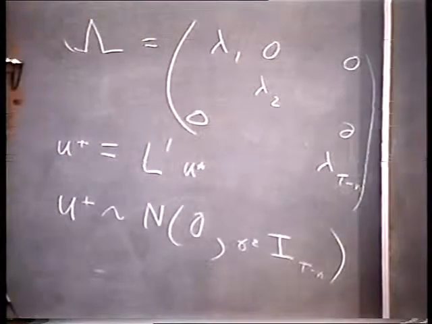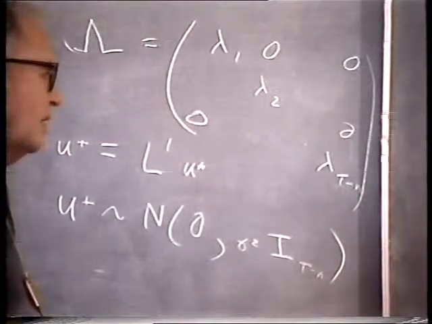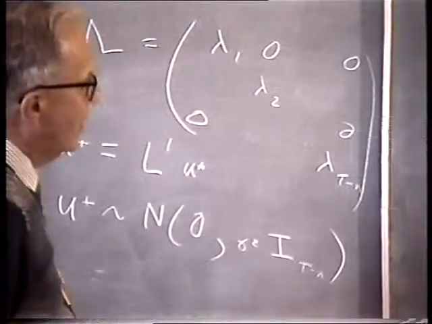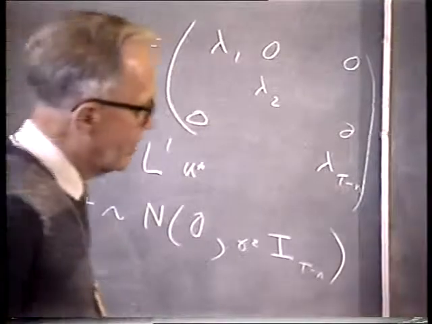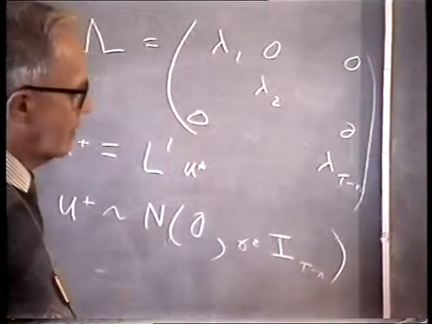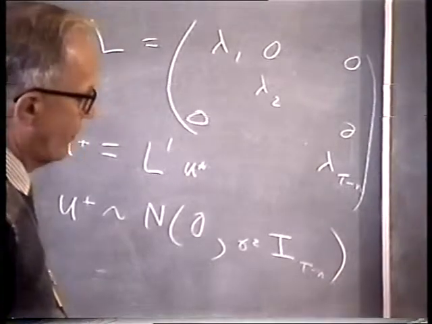Well, that's a considerable simplification, because it means that we can write a routine for calculating, first of all, the latent roots, a computer routine, and then a routine for calculating the CDF, which depends only upon the latent roots as transmitted to it.